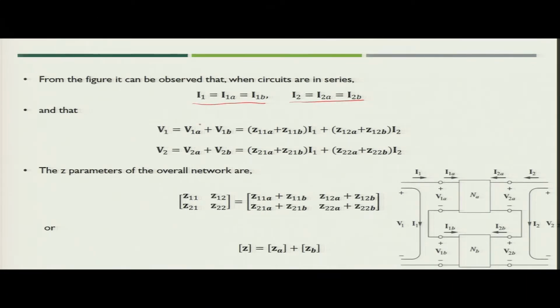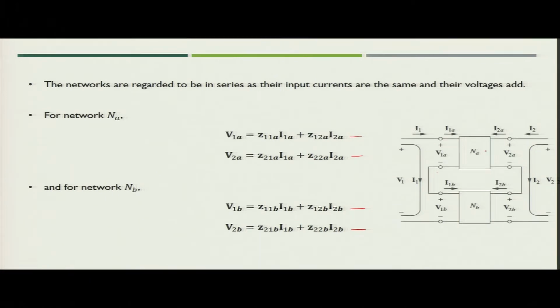So when we find the value of V1, that is V1A plus V1B, we will add both individual equations which we wrote for these two ports independently.